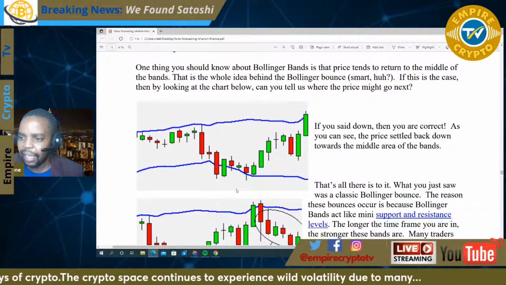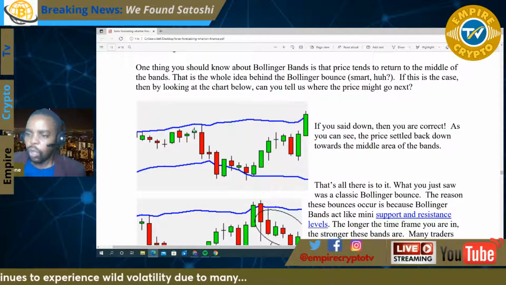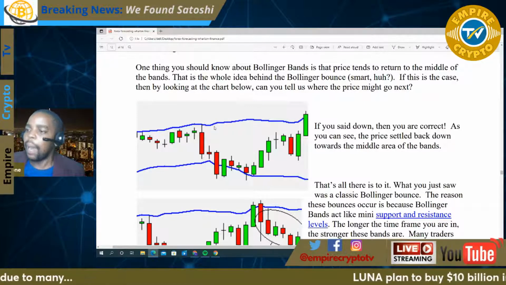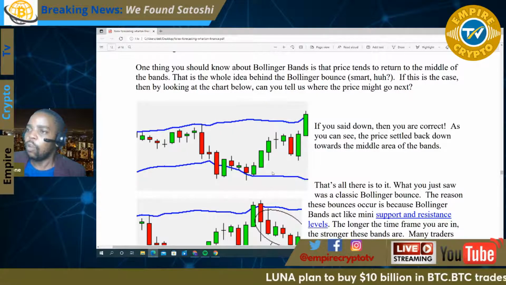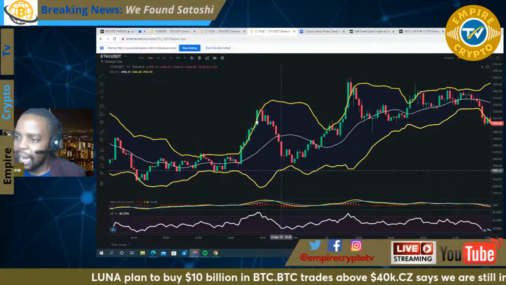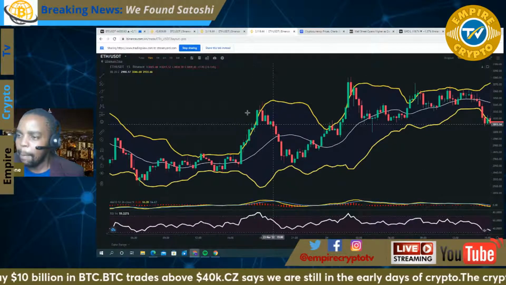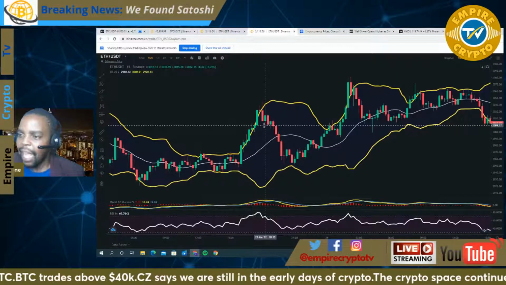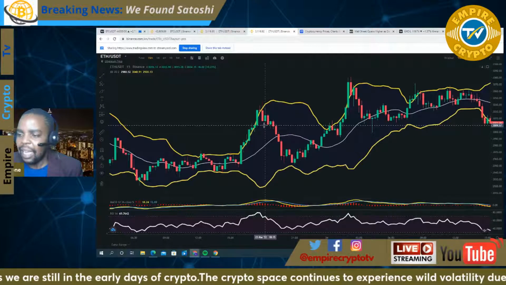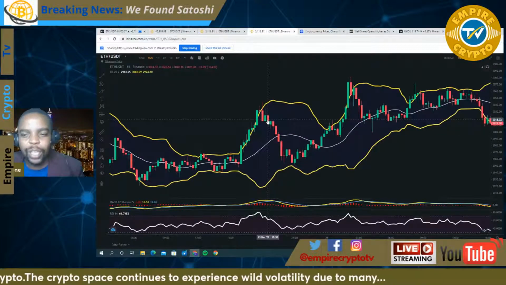This is the Bollinger Bounce right here. The market will bounce off this line right here, and then it will bounce off the top line, of course. But let us look at the real chart on a real market day. Right here, you can see that Ethereum had a Bollinger Bounce. It is quite evident that when the Bollinger Bounce happened, the price always goes in the opposite direction.